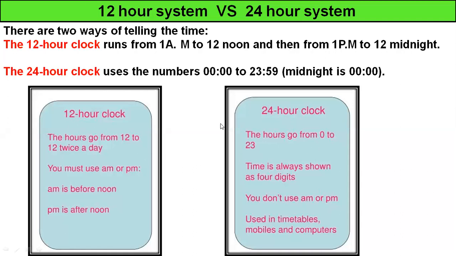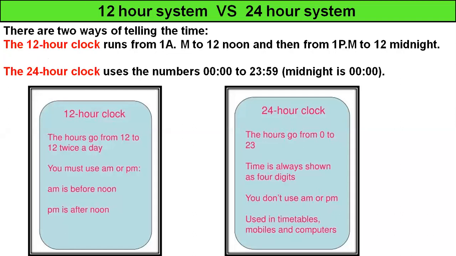These are the differences between the 12-hour clock and the 24-hour clock. Those are two ways of reading time. The 12-hour clock runs from 1 a.m. to 12 afternoon, and then from 1 p.m. to 12 midnight.